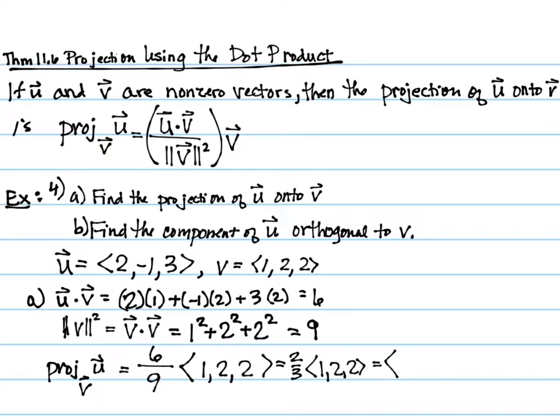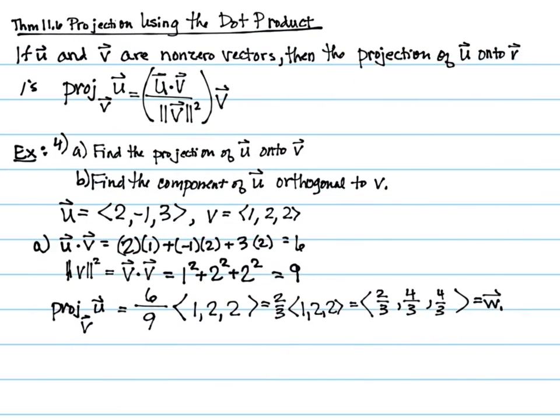So 2/3 times 1 is 2/3. What do I get for the next one? And 4/3. So this is the projection of U along V. We also called it W1 if you prefer. In fact, I'm going to call it that here for the next part to show you some things. This is W1. And then the next piece is to find that component that's orthogonal.